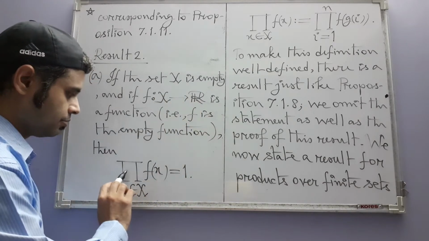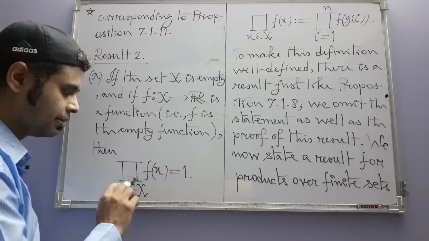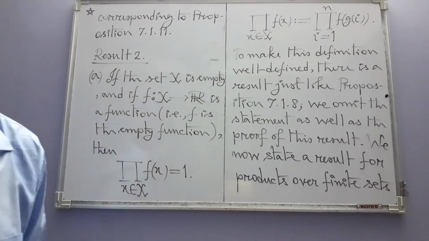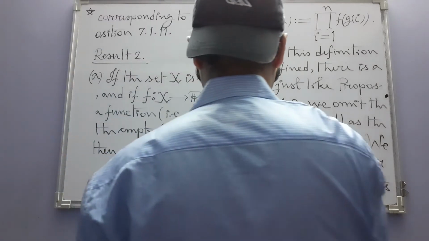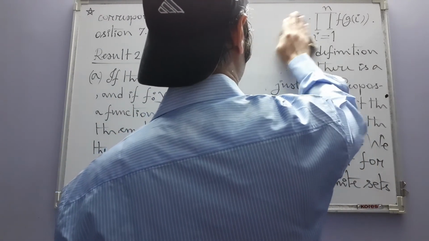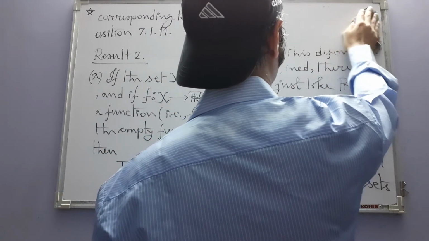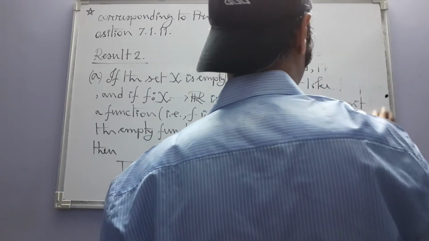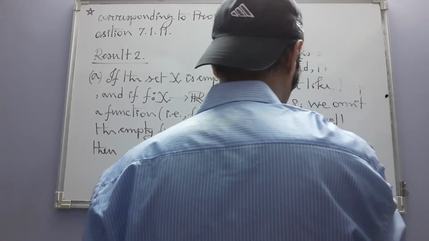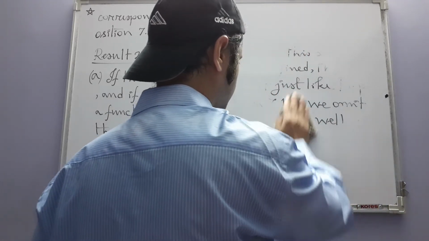Here also we are having 1 because the definition of products is like that. So here in part A we have the empty set, in part B we will have any singleton set having precisely one element.